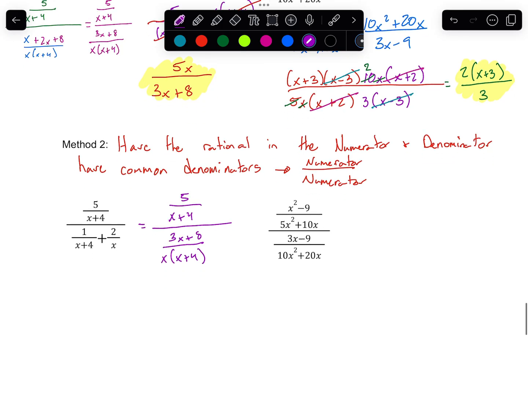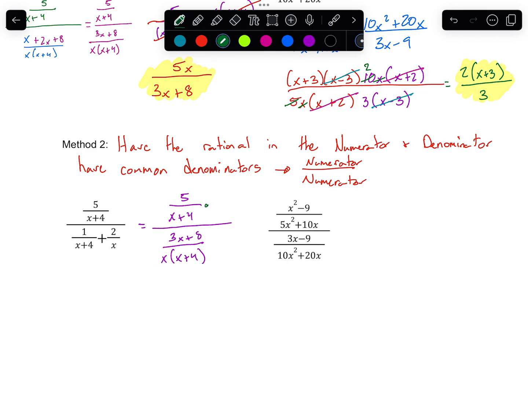So right now, we look at the denominators for here and here. Rational up top, rational in the bottom. In order to get them to be common denominators, I'm going to have to multiply this one up here by x over x, because in my denominator I've got x plus 4 times x, and this denominator I just have x plus 4.